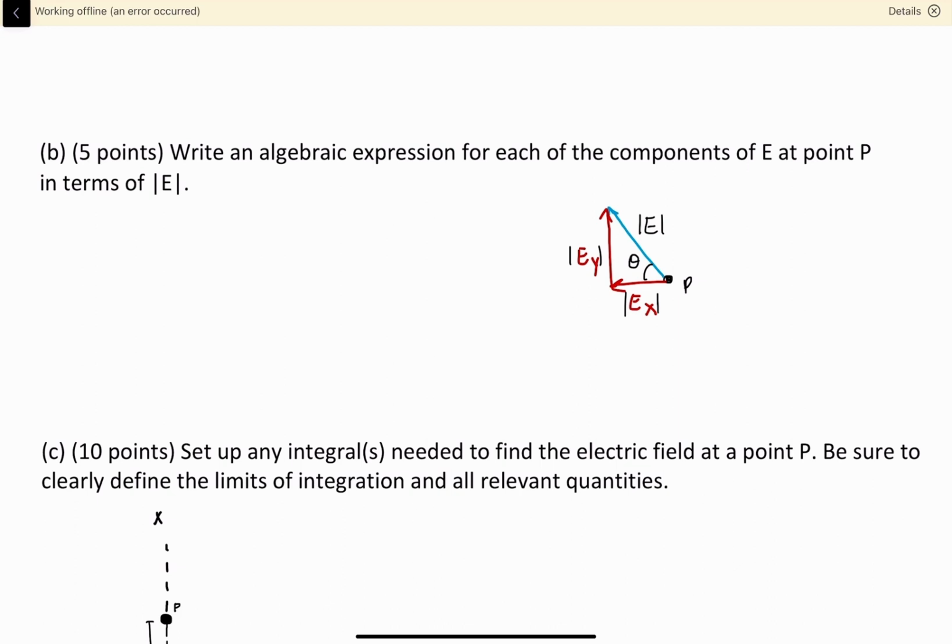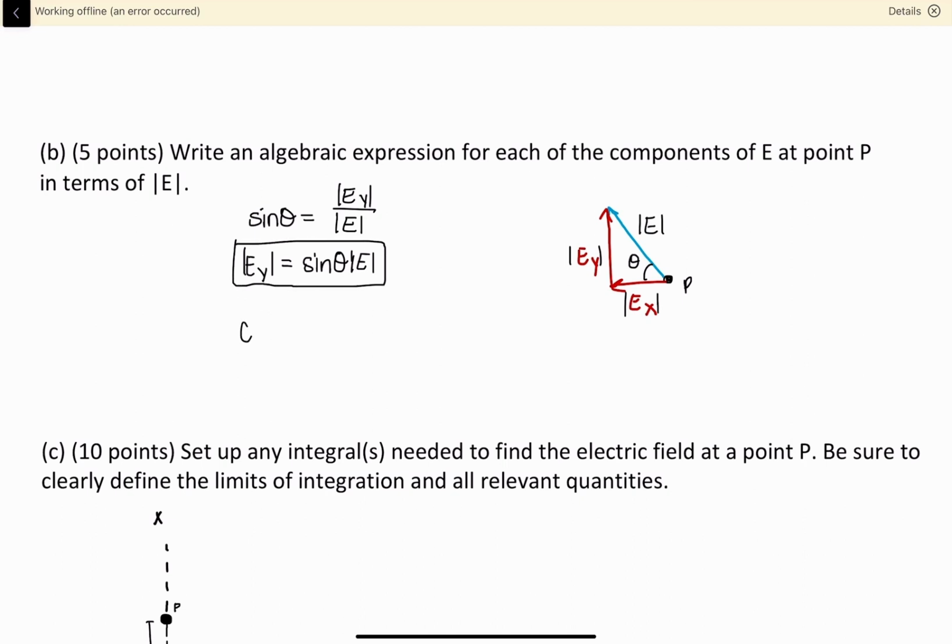Due to SOHCAHTOA, EY over E is going to be equal to sine theta. That'll be our y component.